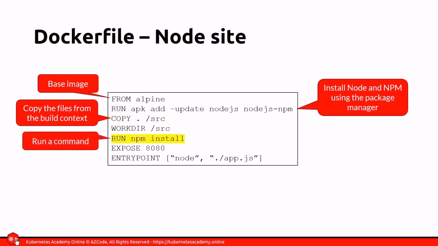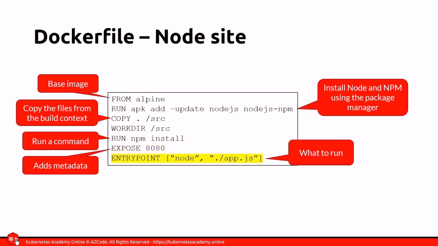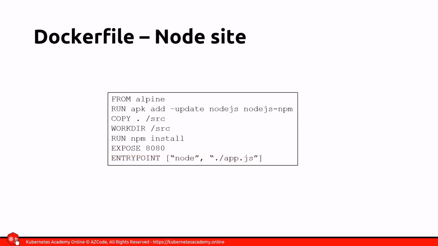We use the RUN command to do an npm install. We then add some metadata. In this case, we tell the container to listen on port 8080. And finally, we tell the container what to run when starting. So, as you see, this Dockerfile contains the steps needed to run our Node.js app.